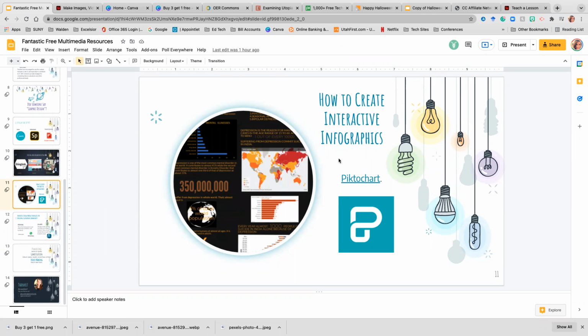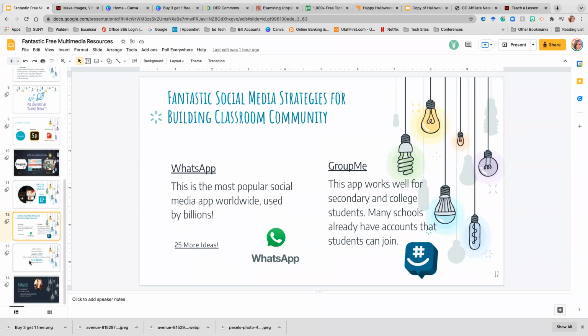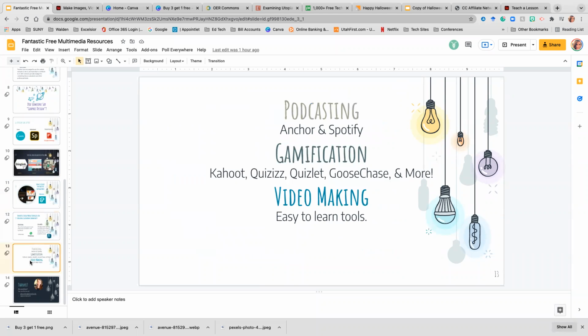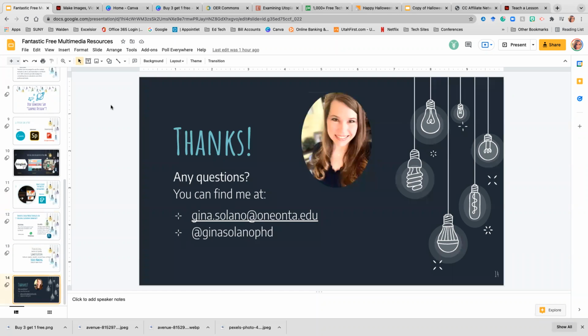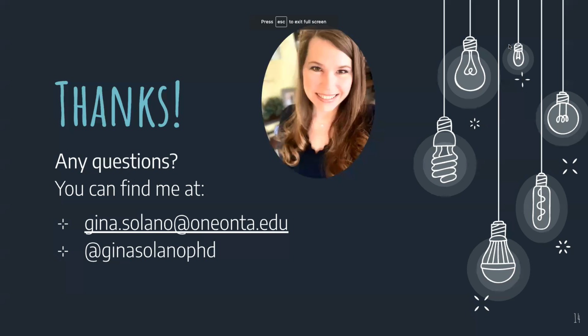So you have to delete your past work or download it as a PDF and then replace it. But their infographic tools are really, really cool. And then just some social media that we don't have time to talk about and things like that. So anyway, that is me, and those are just some fantastic free resources for multimedia, graphic design, just about anything that you can think of.